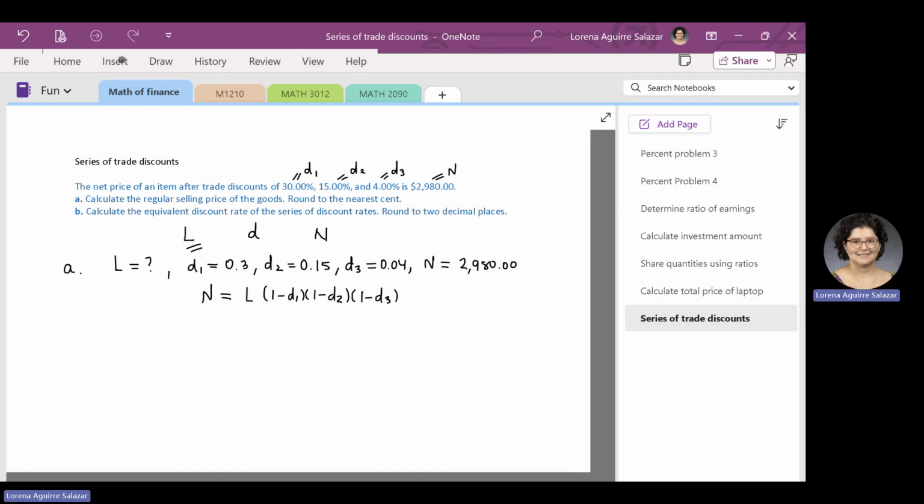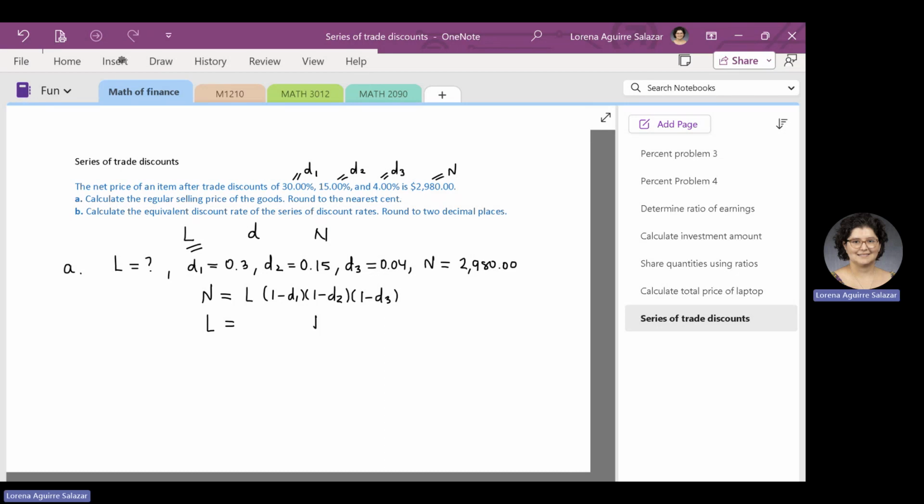This is a formula that is very useful when we apply a series of trade discounts to the list price of an item. The net price of the item after those discounts is given by L times this product of subtractions.